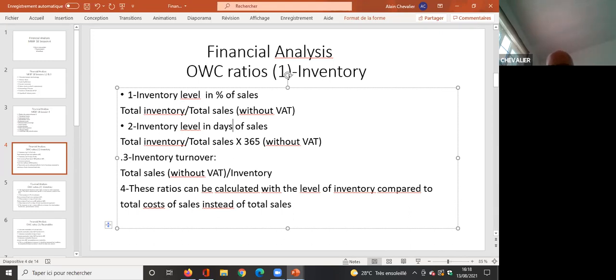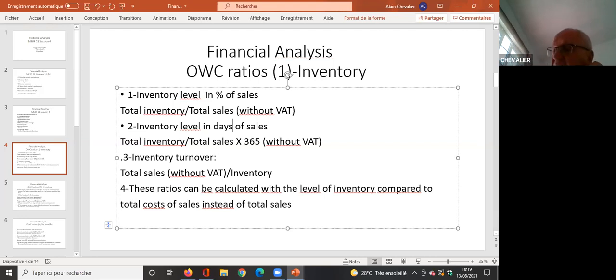It was the efficiency of the use of the assets. The idea is exactly the same. It is the total sales without VAT divided by inventory. With a certain level of inventory, for example 20, what is the level of sales which can be obtained? If you say it is divided by 20, that means it is 5 times.